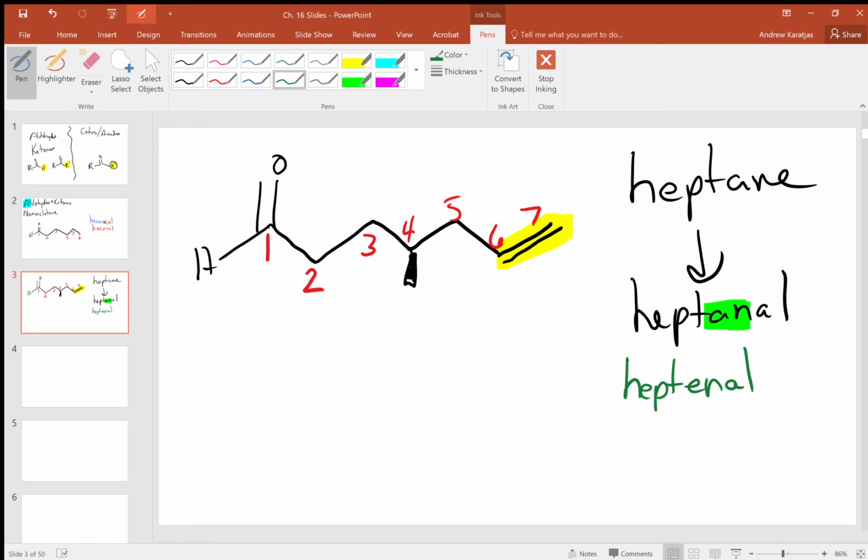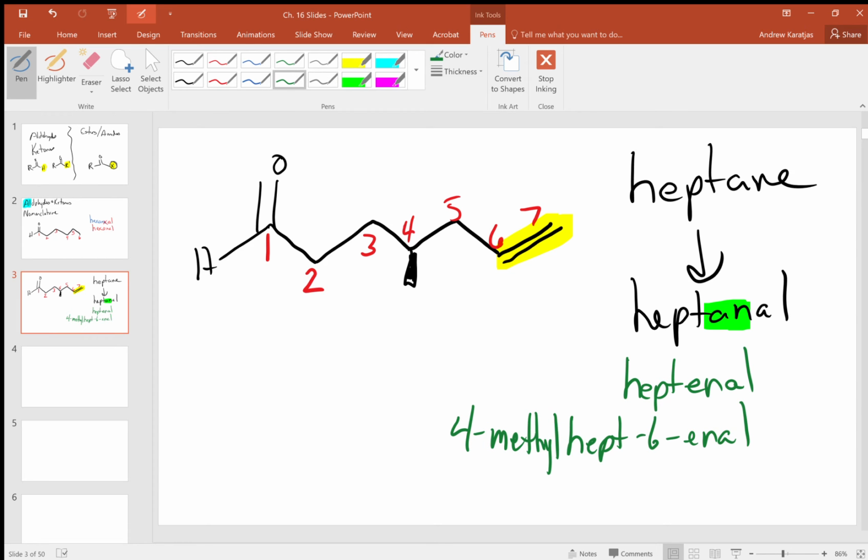The alkene, however, does need a number to indicate where it is. We can see that it starts on the 6th carbon. So this is hept-6-enal. And the aldehyde gets priority over that alkene in terms of the numbering. So finally, we can finish off this name by putting in the substituent, which is 4-methyl.